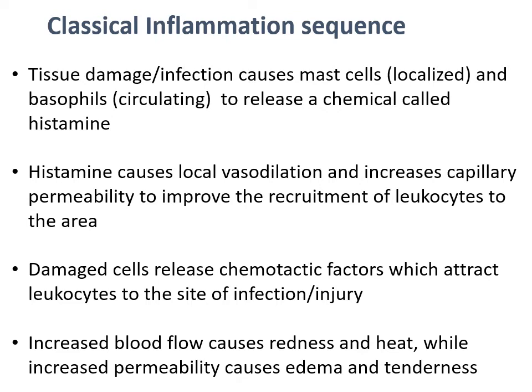That causes mast cells, which are in the tissue, to release histamine. Okay? Histamine locally in the tissue causes vasodilation and increased capillary permeability. It allows fluid to leak out of the blood vessels.